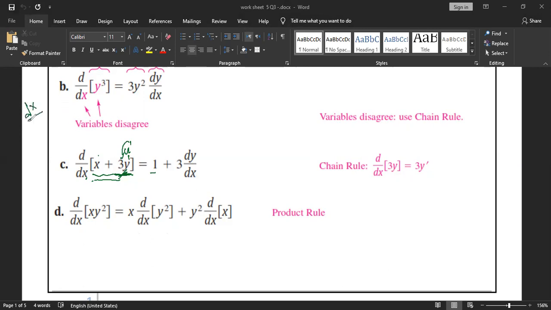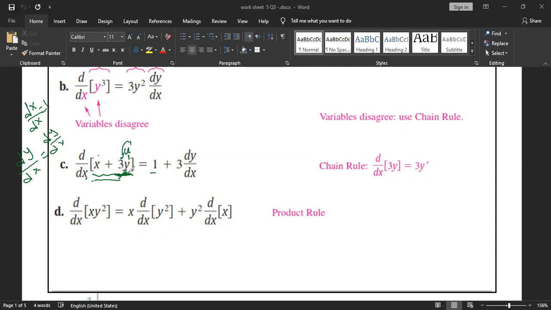The derivative of x with respect to x is 1, and the derivative of y with respect to x is dy by dx. Understand?